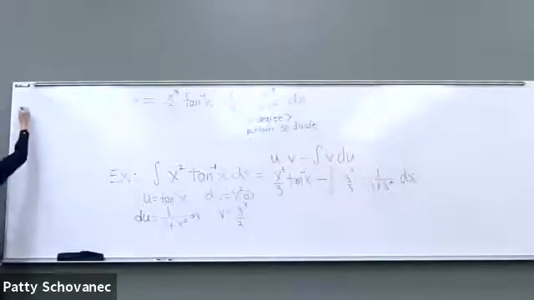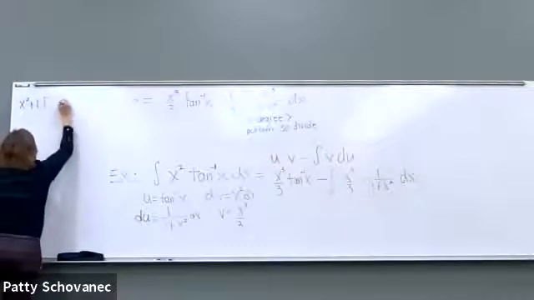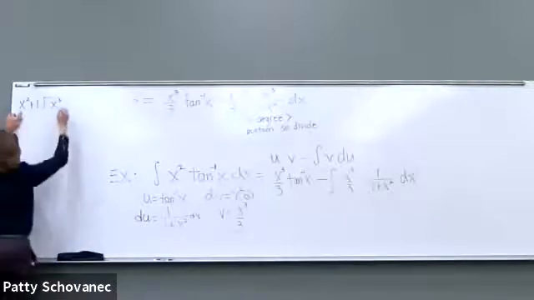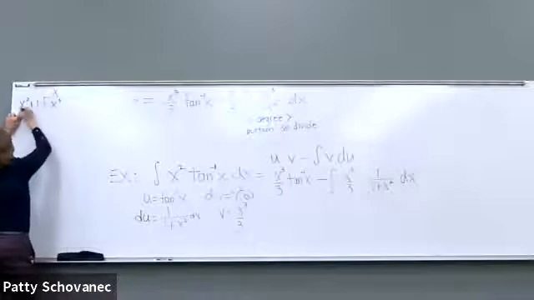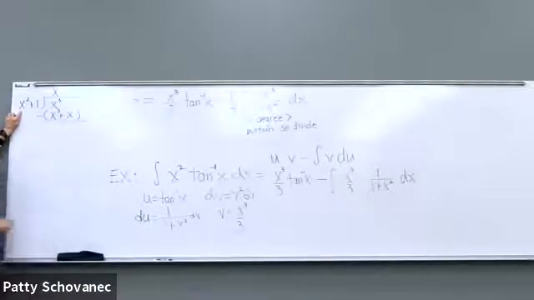I'm dividing 1 plus x squared, which I'm going to write in descending order, x squared plus 1, into x cubed. So I could say I need a factor of x, multiply both of these terms by x, and get x cubed plus x. And then subtract that line from the line above it.